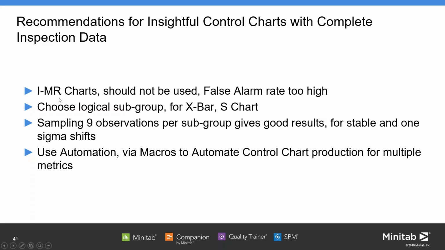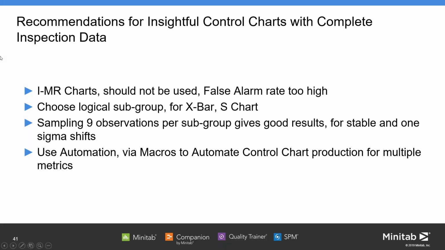So what am I concluding from all of these simulations that I've done? And what are my recommendations for insightful control charts with complete inspection data? So first of all, IMR charts with individual observations should not be used. The false alarm rate is too high.